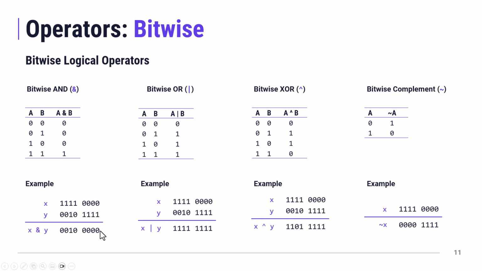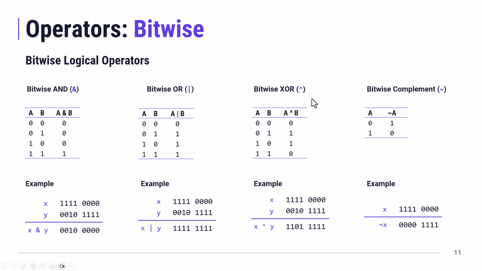And then the rest are all zeros. And so that gives us our bitwise AND result. Bitwise OR is going to be true, 1, if at least one of its operands is true. So 1 or 0 is 1, 1 or 0 is 1, 1 or 1 is 1, and so on.